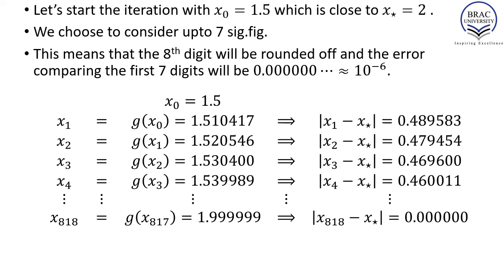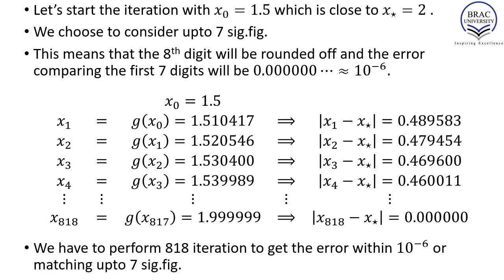Okay, and we want this error to be within 10 to the minus 6, and you can see here that after 818 iterations we get our desired error, which is less than 10 to the power minus 6. It's a huge number of iterations.